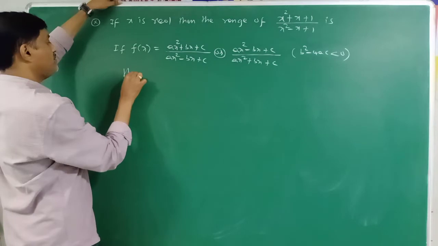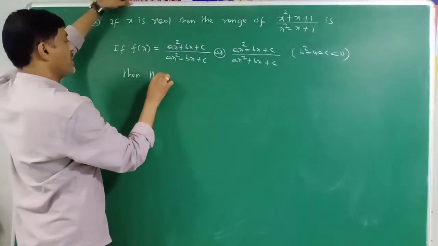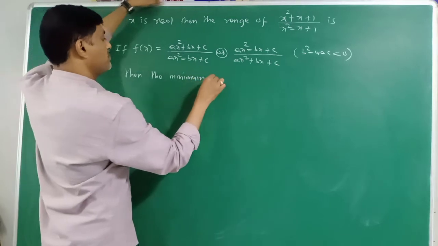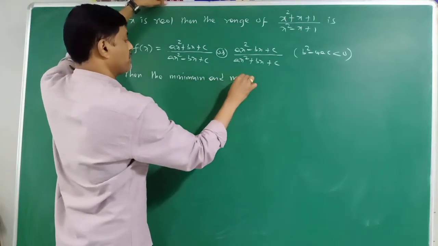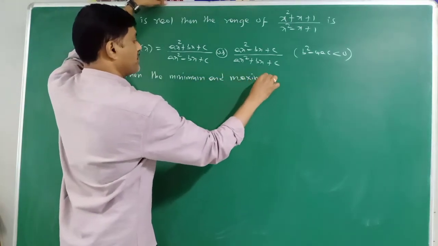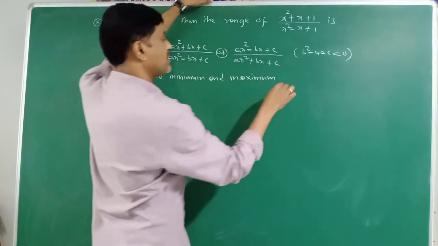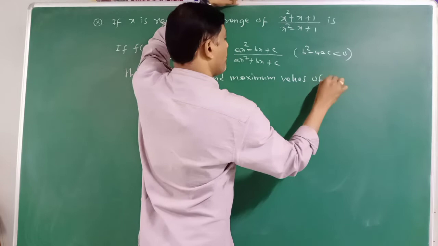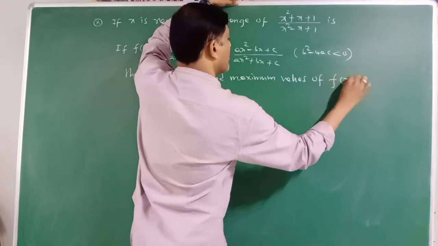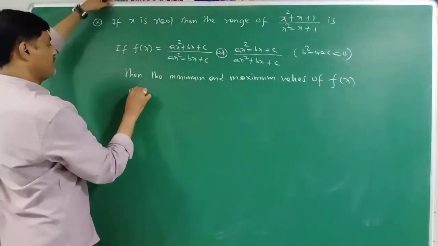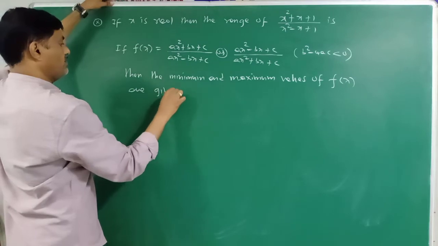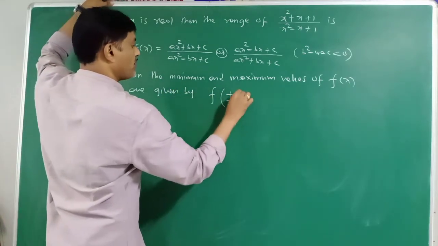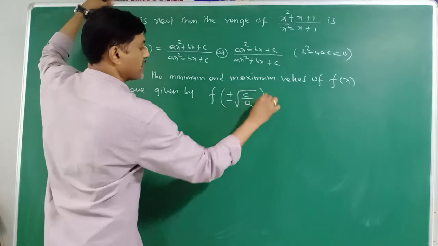Then the minimum and maximum values of f of x are given by the formula f of plus or minus root over c by a.